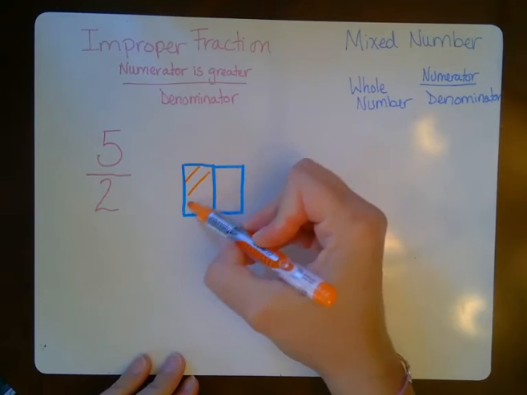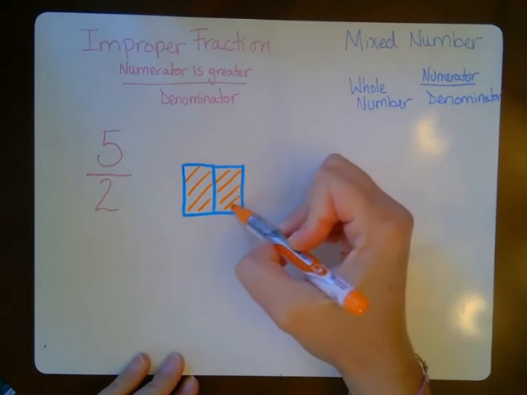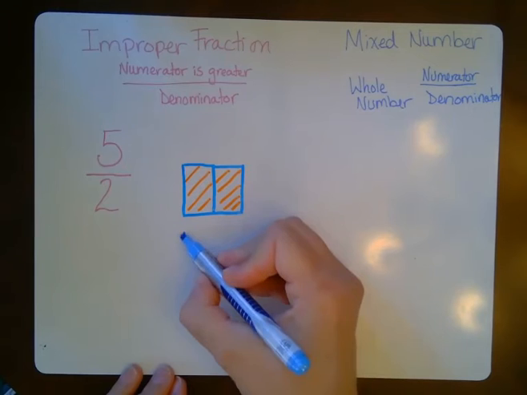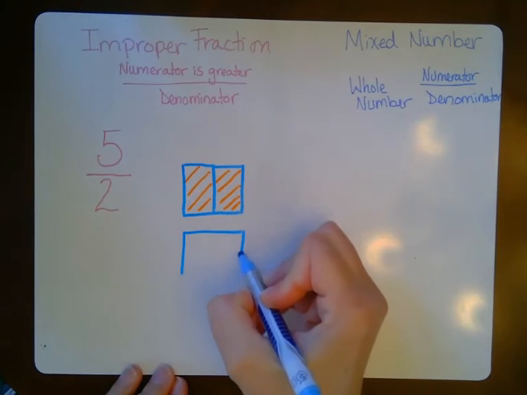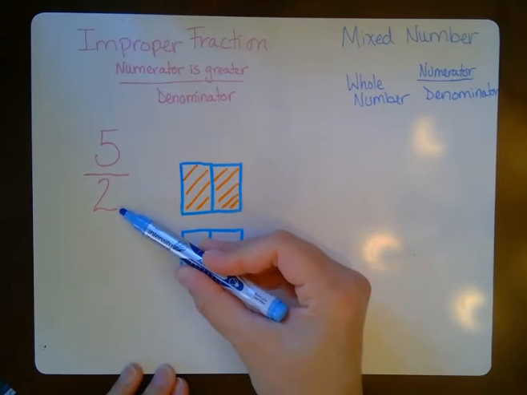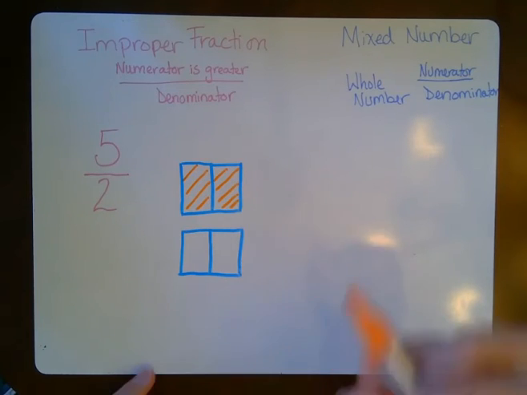Here is 1. Here is 2. I need to show 5 parts, so that means I am going to draw another model and split it into 2 parts because my model doesn't change. It's always going to be halves. I'm going to continue to shade in until I reach 5 shaded parts.